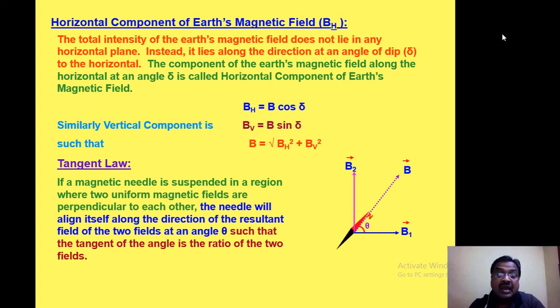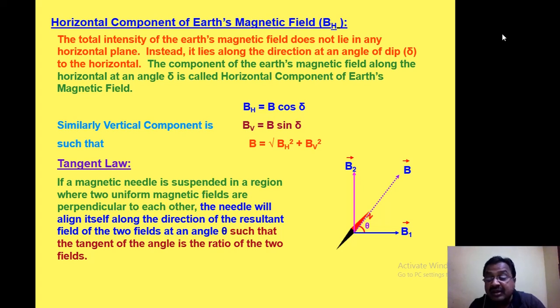If you take a small magnetic needle as shown in the figure and suspend it in a region acted upon by two uniform magnetic fields which are perpendicular to each other, the needle will align itself along the direction of the resultant of the two fields, at an angle theta such that the tangent of the angle is the ratio of the two fields.